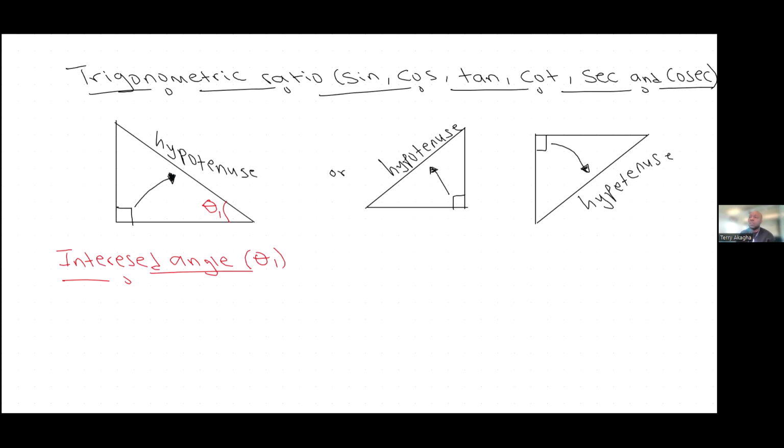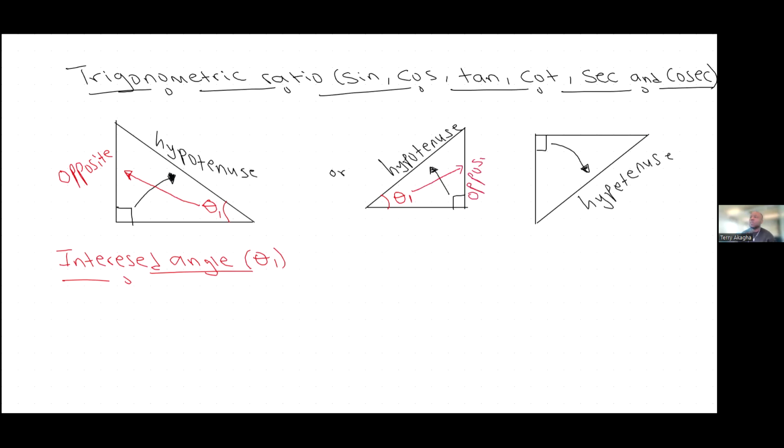Also, the side that is directly opposite the angle you're interested in: I'm interested in this theta 1, so the side directly opposite to it, this is going to be the what? The opposite. Are you seeing it?